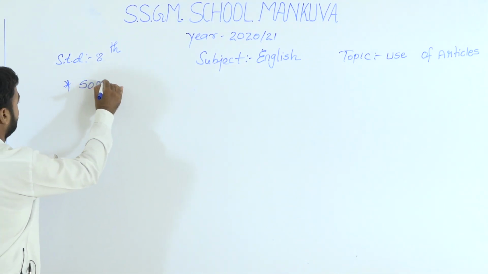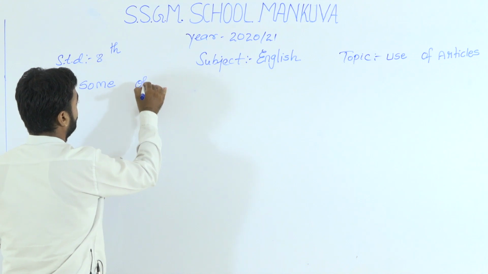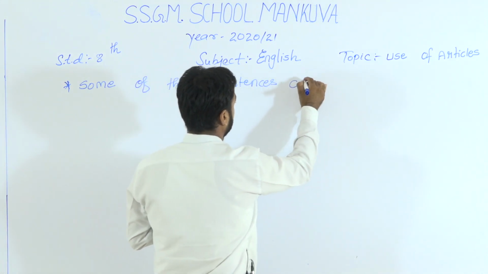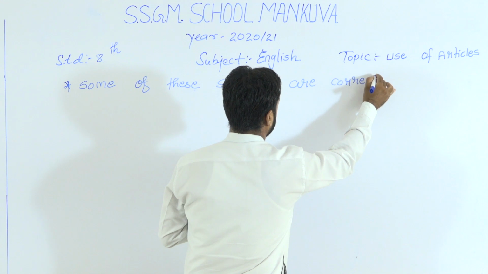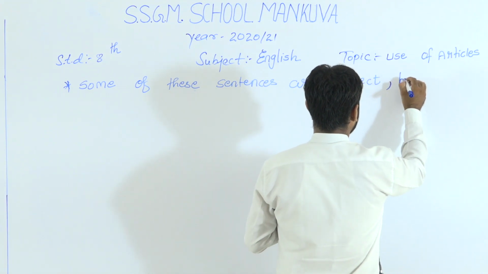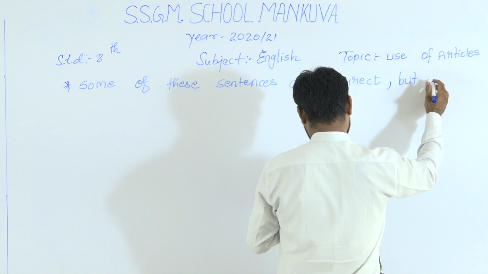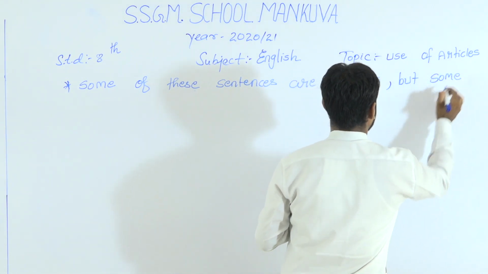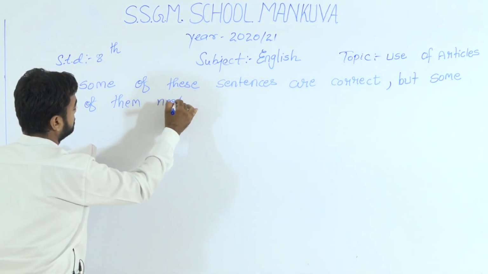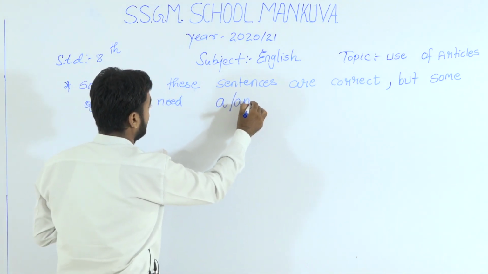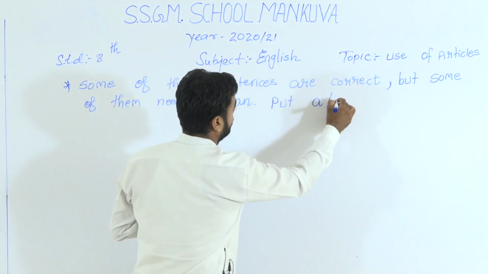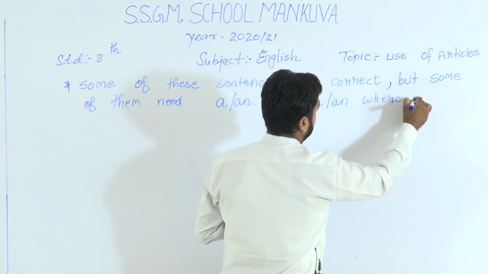So the exercise for you is, some of these sentences are correct, but some of them need a or an. That means put a or an where necessary.